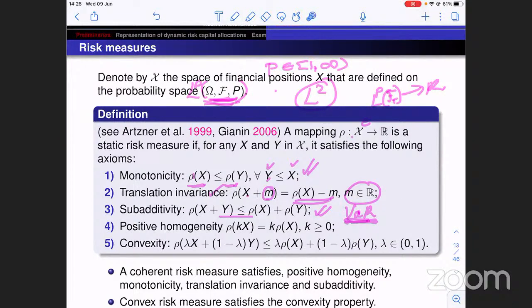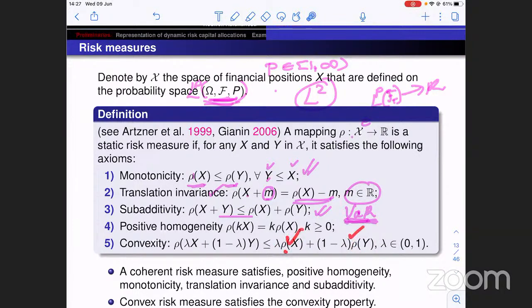What does this mean? It means our representation does not contain a value at risk as we know it. And then we got positive homogeneity, and also we got convexity, which has the same interpretation as diversification reduces risk here. So you got the risk of portfolio X and the risk of portfolio Y.